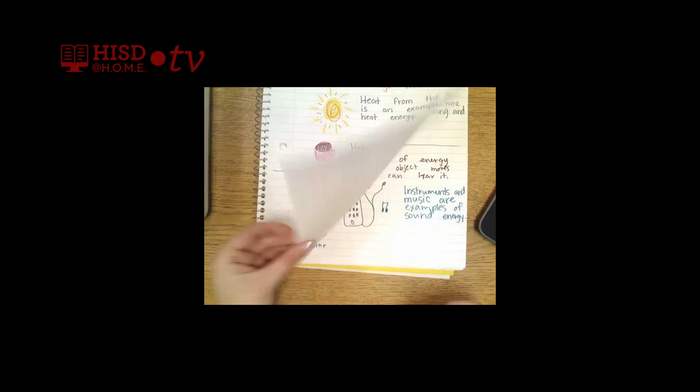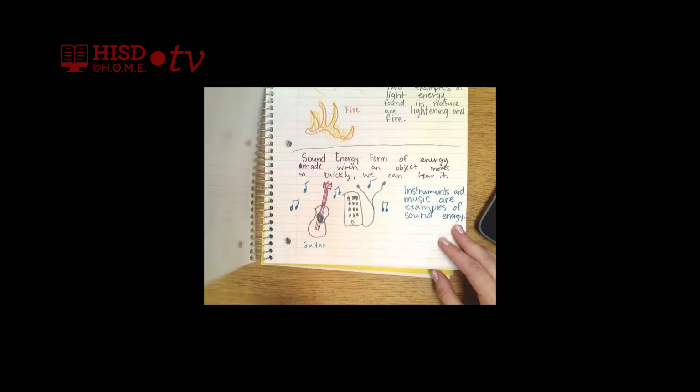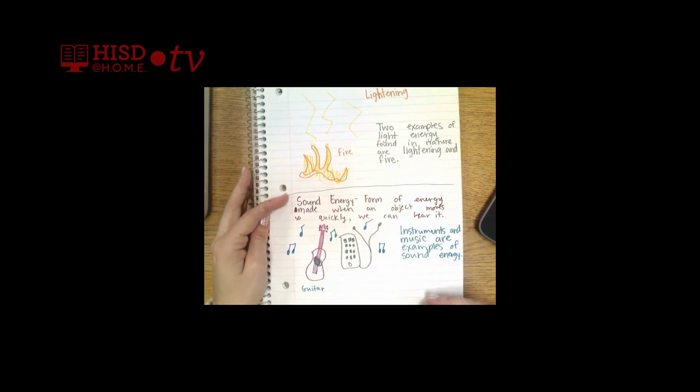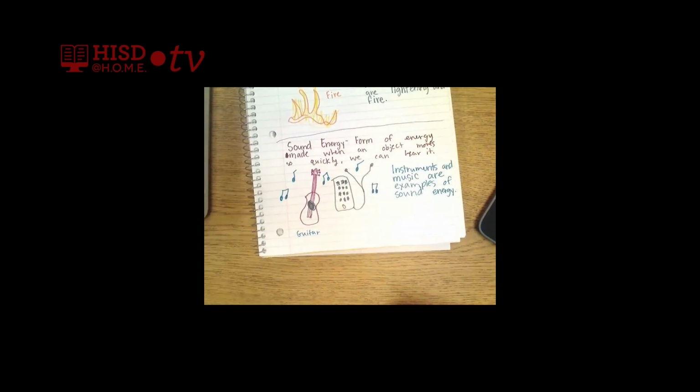The sun, we could say the fire, that's the energy coming from the light from those things, right? The light bulb, the lightning. Those are all examples of how energy can be formed from the light. And then we went over sound energy, and that's just anything we hear. And how we tend to hear things is that there's something moving so quickly that it makes a sound.